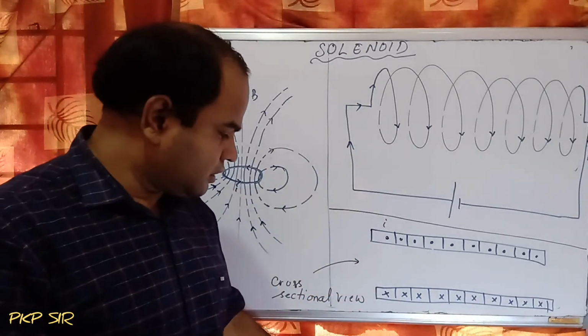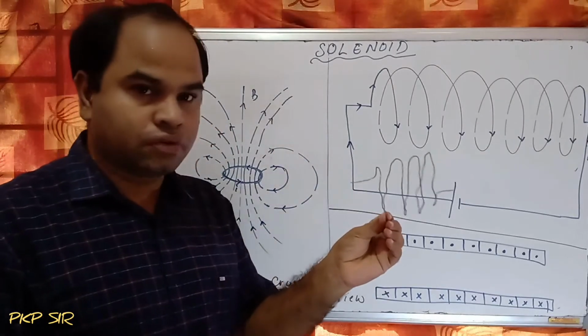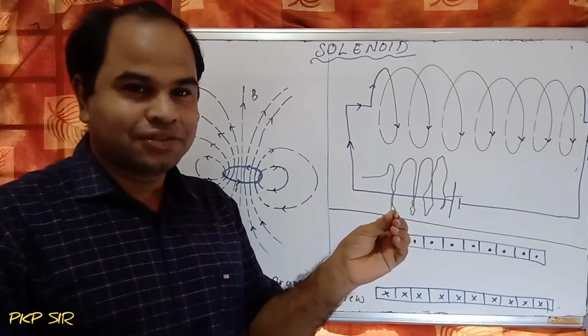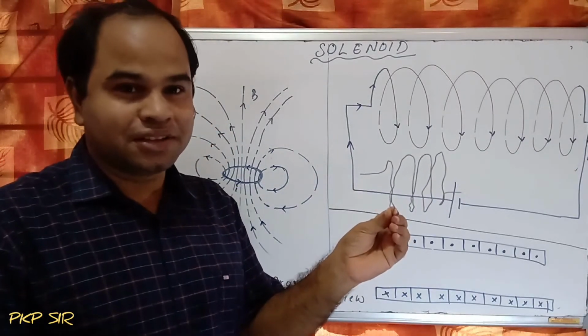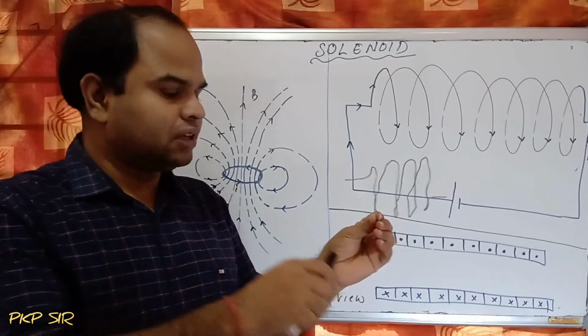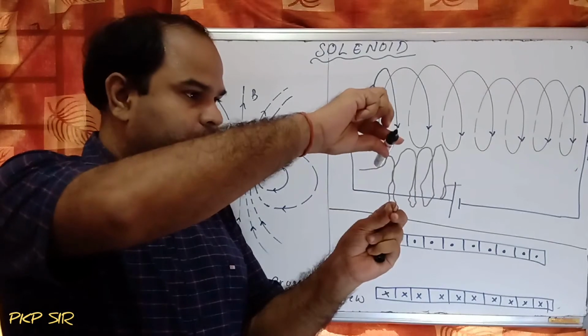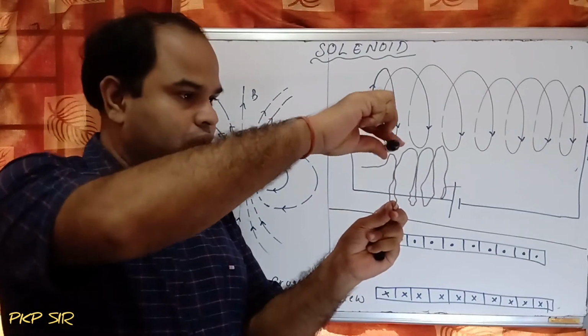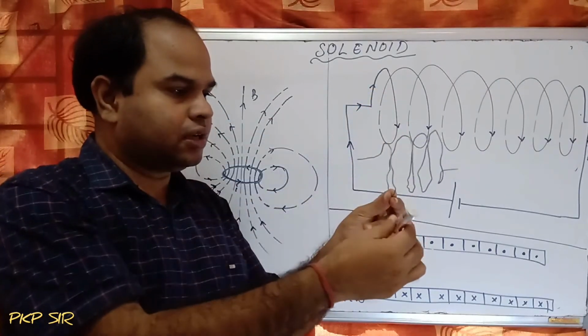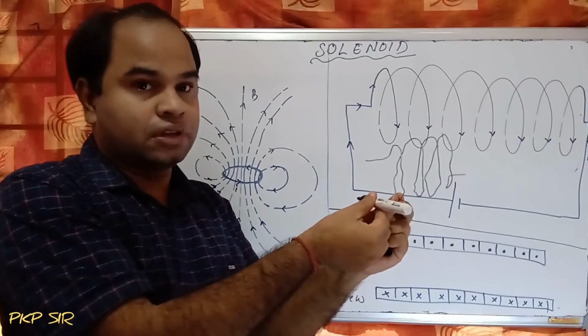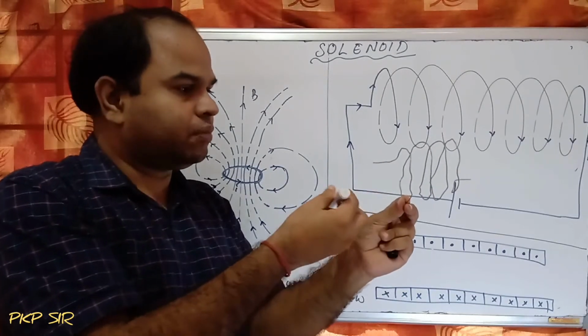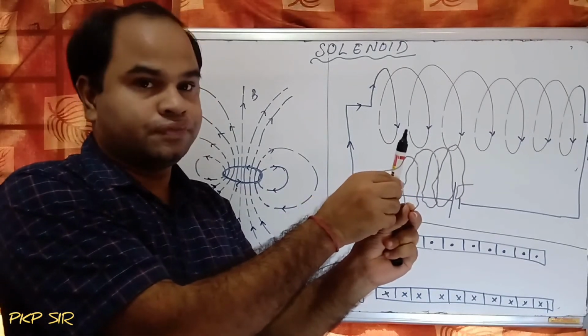So we can say this is a solenoid which is wound like a spring. Okay. So when current flows through it, at one place the current is outward, at another place downward, and in this lower portion it is inward. And in the back portion it is upward.